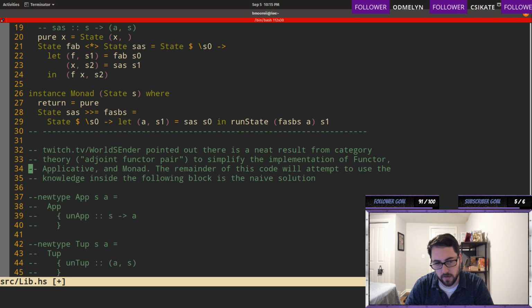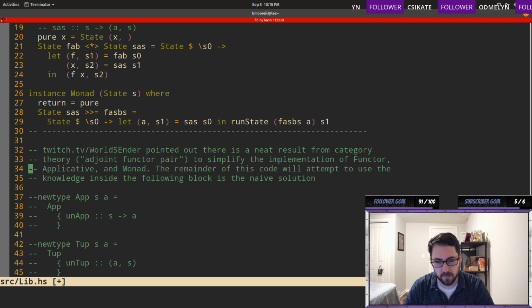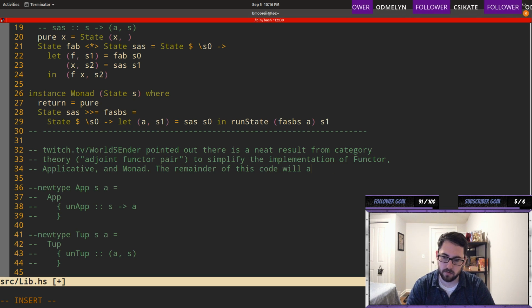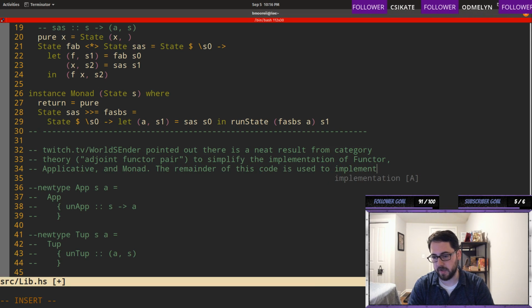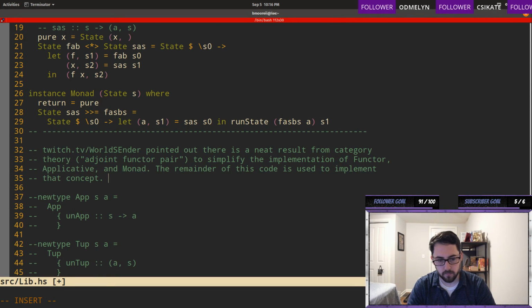It's like a different set of functions that you need to define all three of them, but maybe simplify is fine here. The remainder of this code is used to implement that concept above.